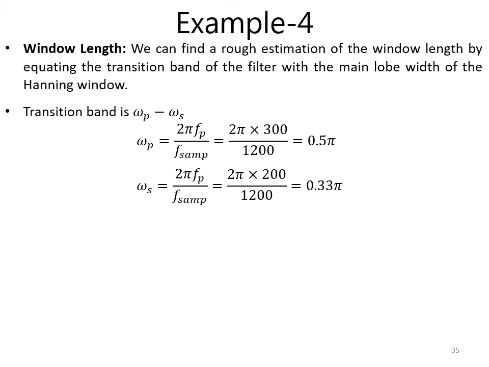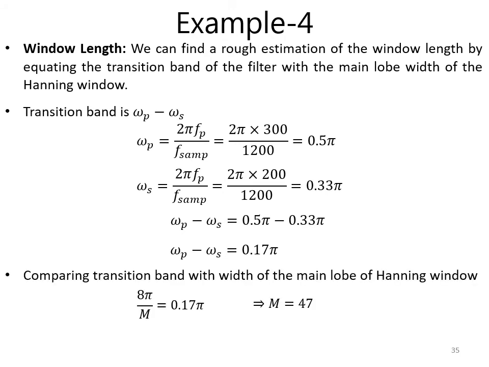So the difference between these two is 0.17 pi, and comparing this value with the main lobe width formula of the Hanning window, 8 pi upon M equal to 0.17 pi, M came out to be 47, but it is not an even value. So the nearest even value is 48, so M is equal to 48.